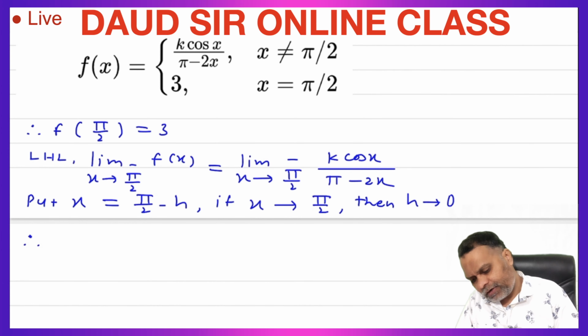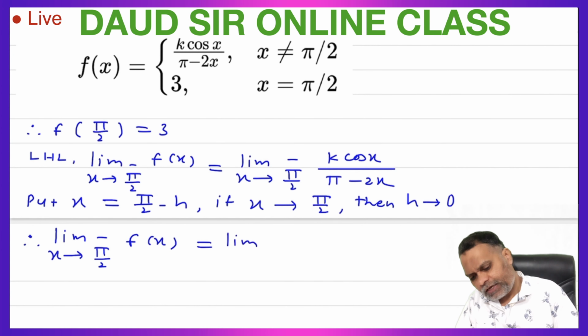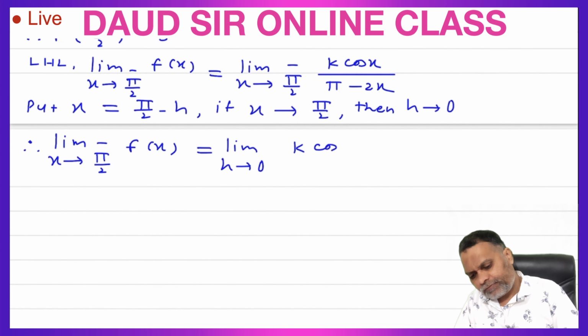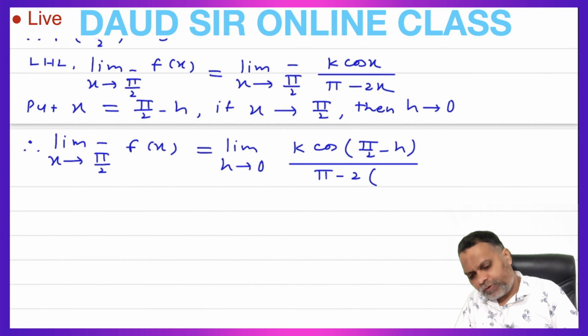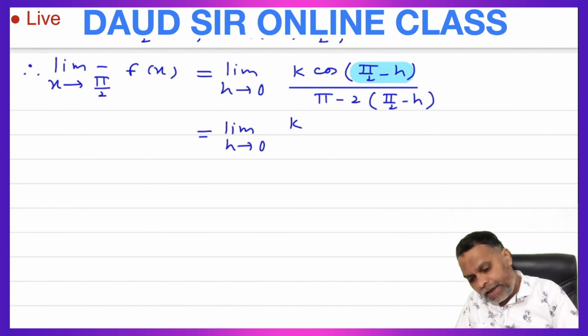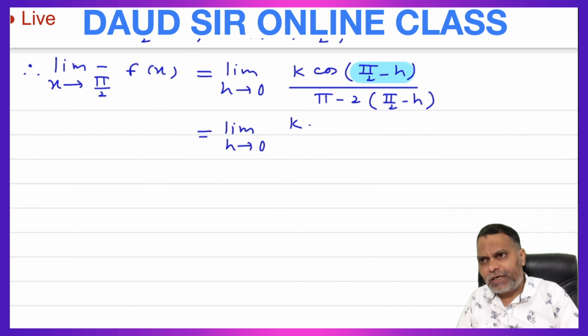Therefore, left hand limit will become limit x tends to pi by 2 minus f of x is equal to limit h tends to 0 k into cos x is equal to pi by 2 minus h upon pi minus 2 into x is equal to pi by 2 minus h, which is equal to limit h tends to 0 k into cos 90 minus theta.